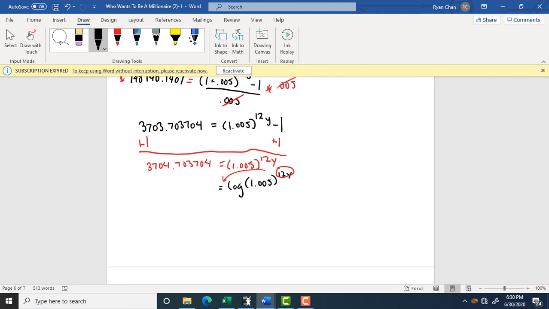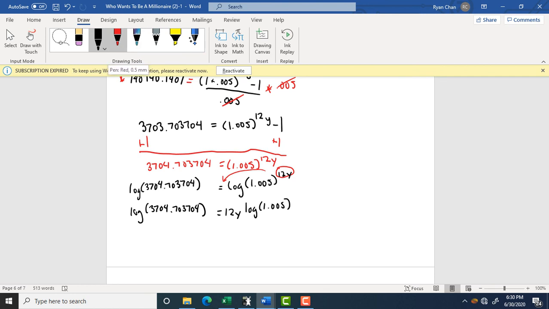Now in order to be equal, I need to take the log of the other side. So it looks like this. Now, don't get thrown off by this. Log of this random number is actually still a number. So I want to get y by itself, right?